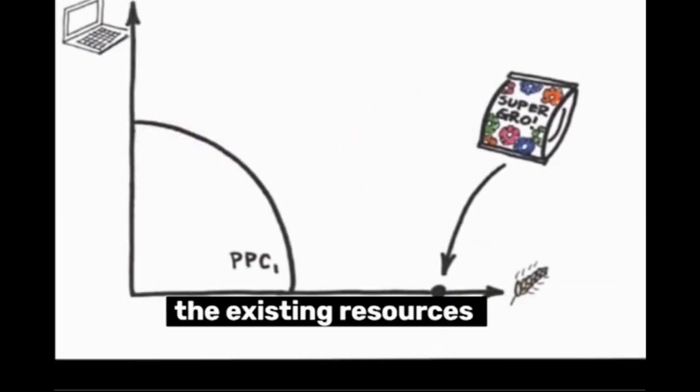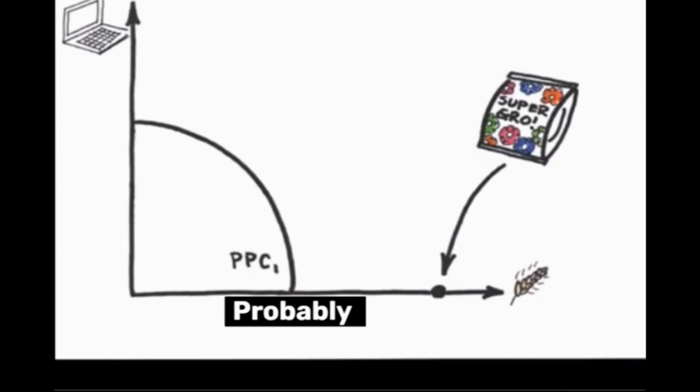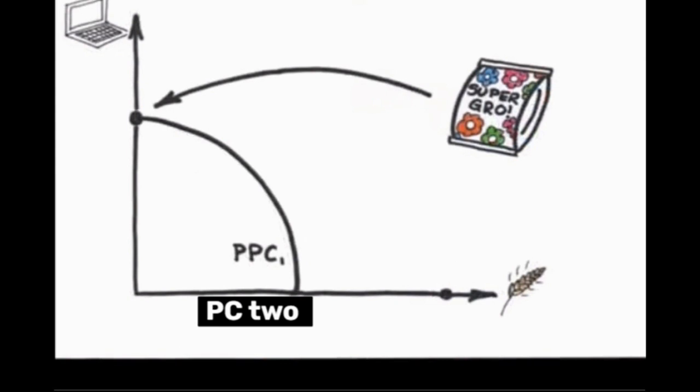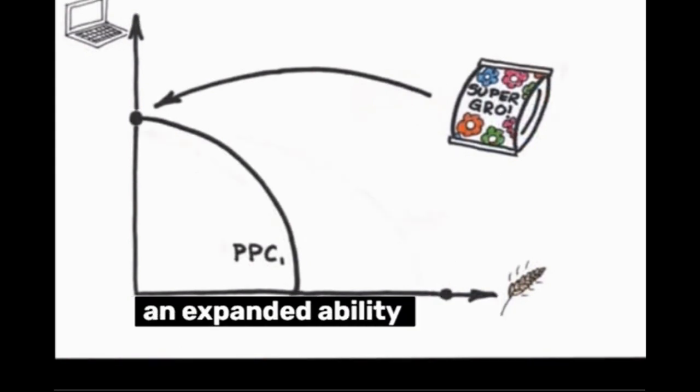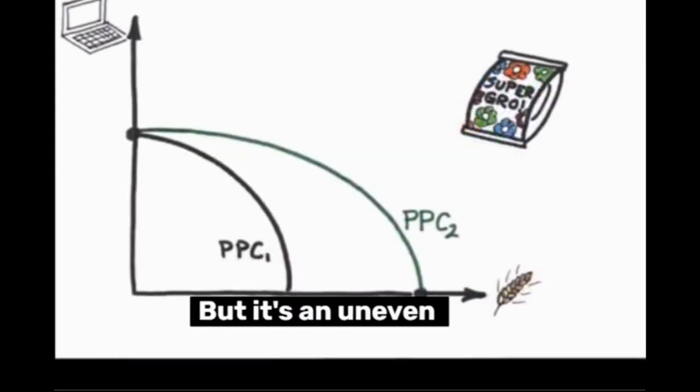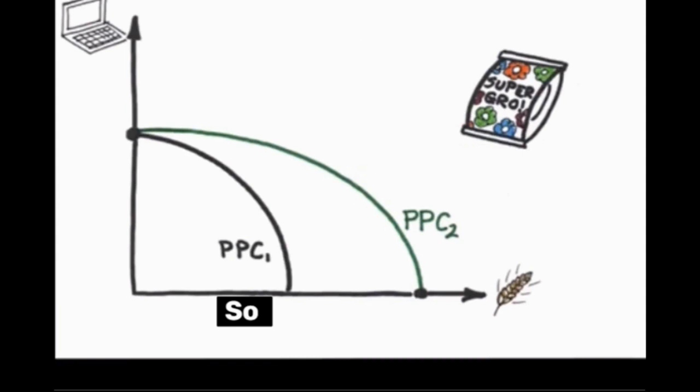But what happens to the manufacturing output when you use all of the existing resources and then add fertilizer? Probably nothing. So the new PPC, PPC 2, does illustrate an expanded ability to produce, but it's an uneven shift. For now, though, just to keep things simpler, I'm just going to show even parallel shifts.